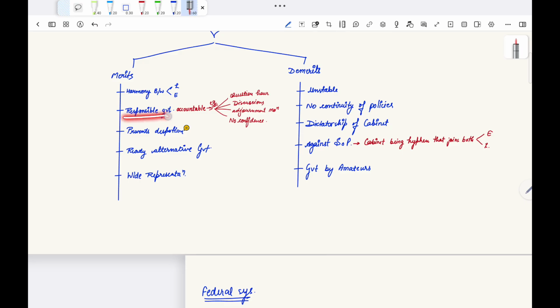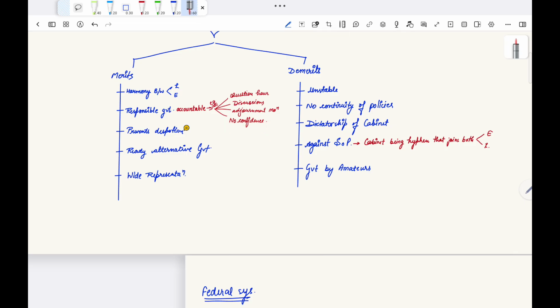Responsible government is there. The government has to be accountable, and there are various means by which the constitution ensures the accountability of the government in the parliamentary system. That is by question hours, discussions, adjournment motions, and no confidence motions.